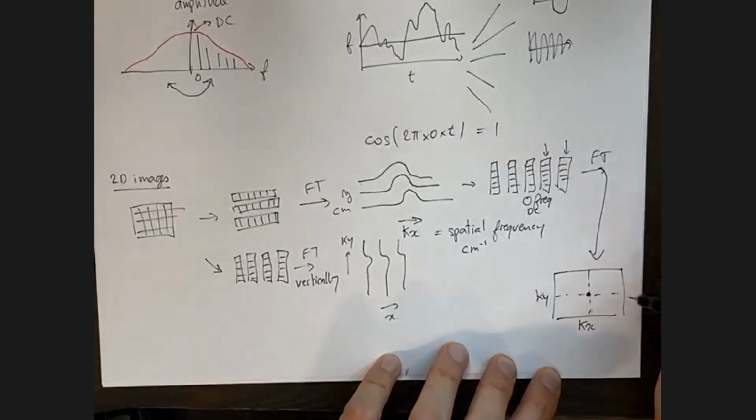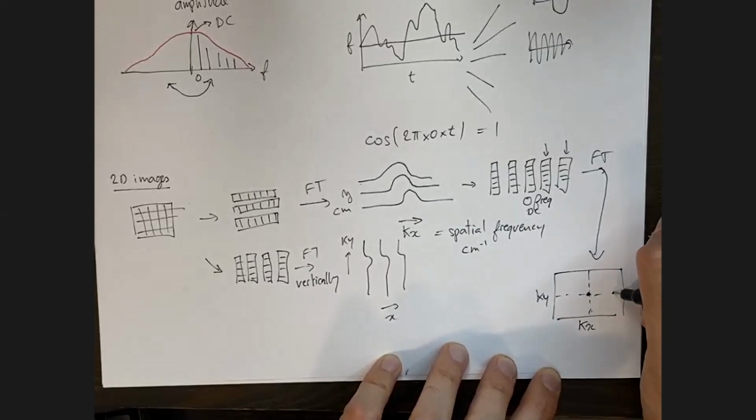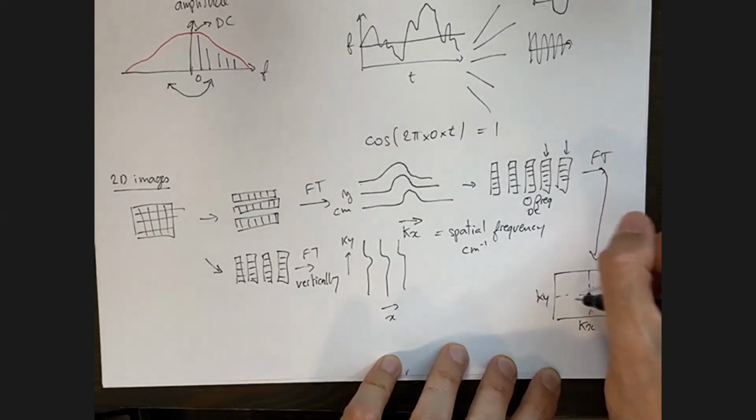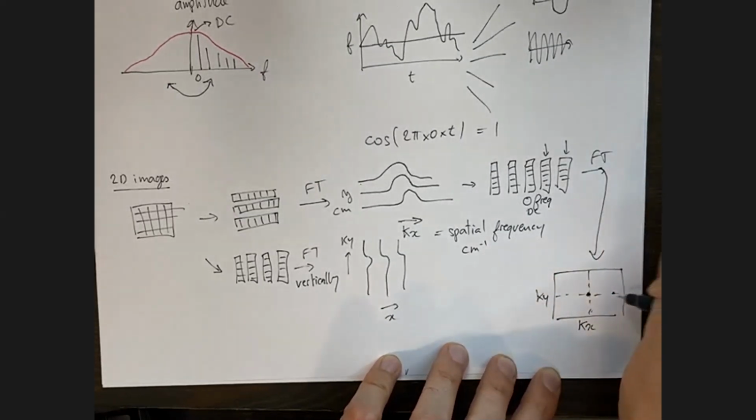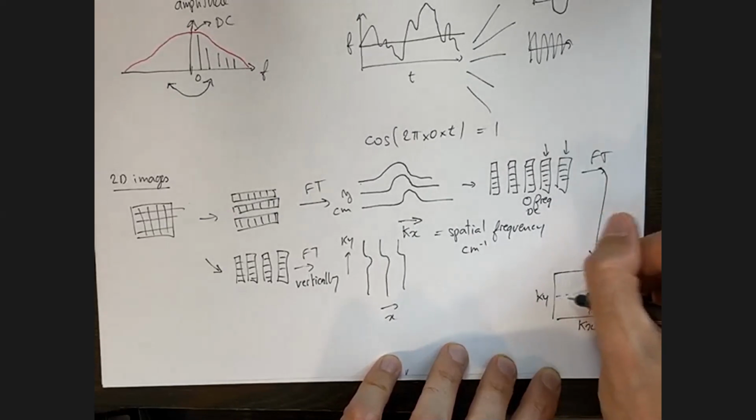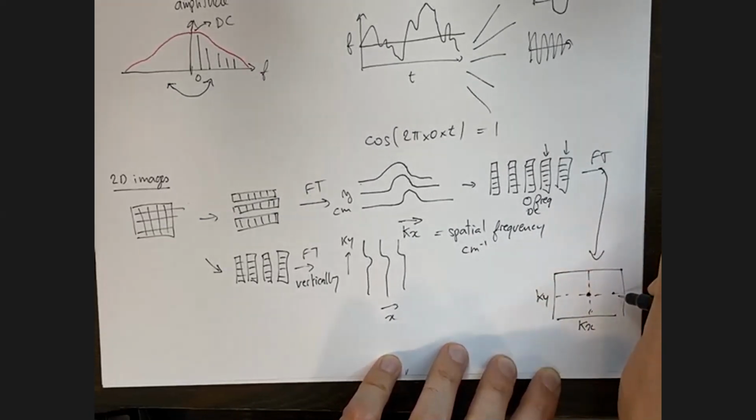So for example, the elements here represent frequencies that have a high rate of cycling horizontally, but no cycling vertically, because all along these lines there are no spatial frequencies in the vertical direction, but there are spatial frequencies in the horizontal direction.